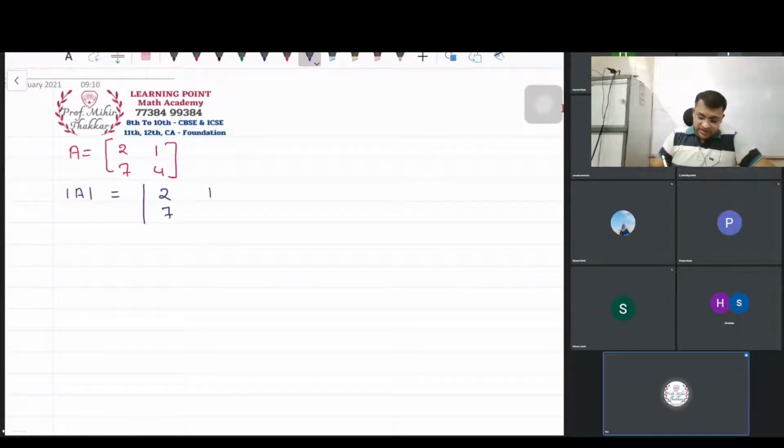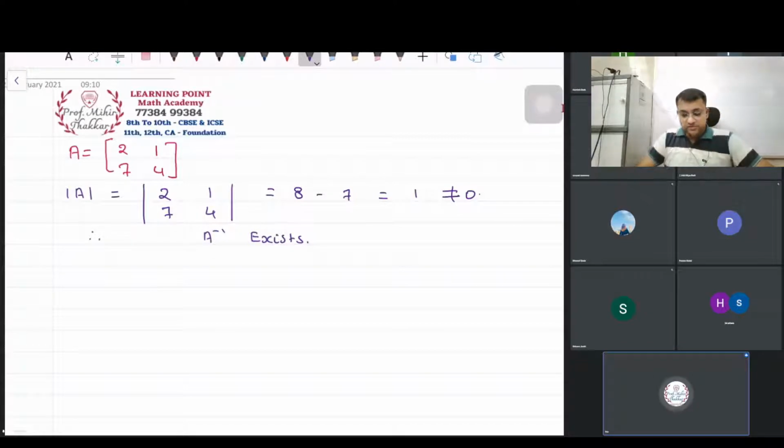2, 1, 7 and 4, that is going to be nothing but 8 minus 7, that is 1. Definitely it is not equal to 0 and therefore I can say that A inverse is going to exist.